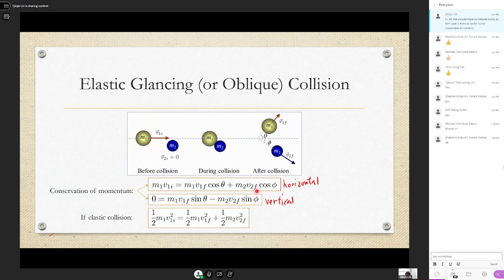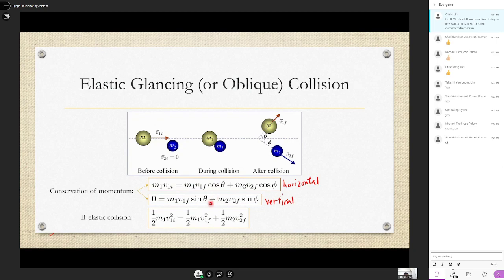Then for the vertical direction, you also write out another momentum conservation equation. At the start, one is moving to the right, one is not moving. So in the y direction, you ask yourself what do you have? Nothing is moving up or down, so it will be zero down here. Then at the end, you just need to resolve this to the vertical component.